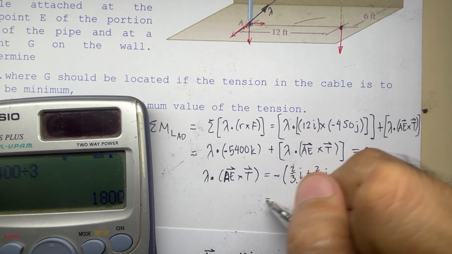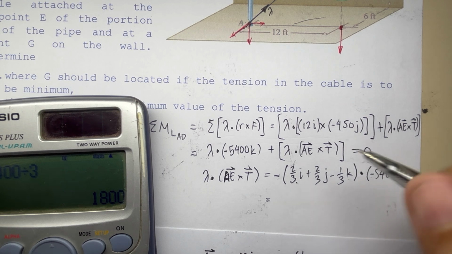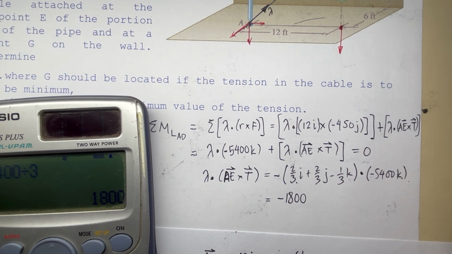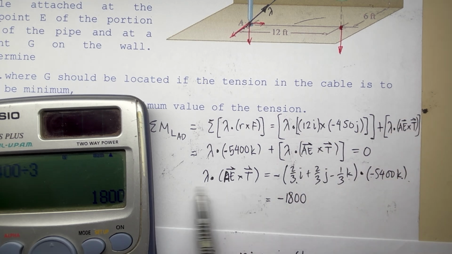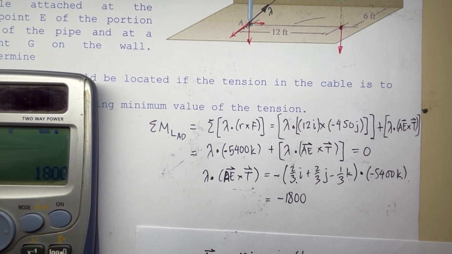That dot product with negative 5,400 K would be positive 1,800 times negative, so negative 1,800. Now, looking at the left hand side of our equation, we can apply the commutative property for this triple product.